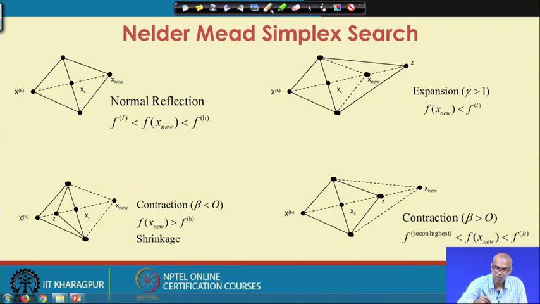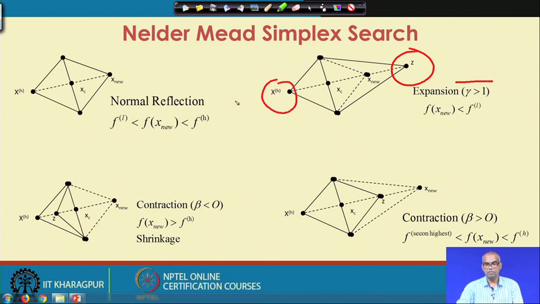How far I will go will depend on the parameter gamma. We said gamma is greater than 1. So, I get a reflected and expanded point z. So, x h is replaced by z.